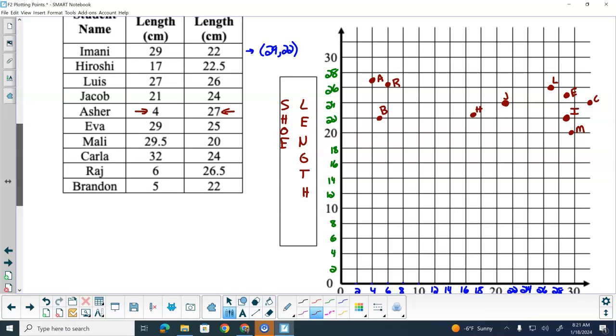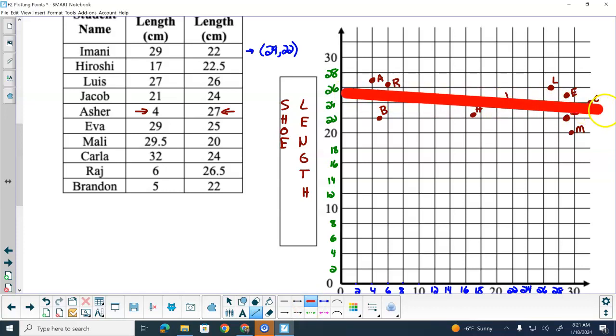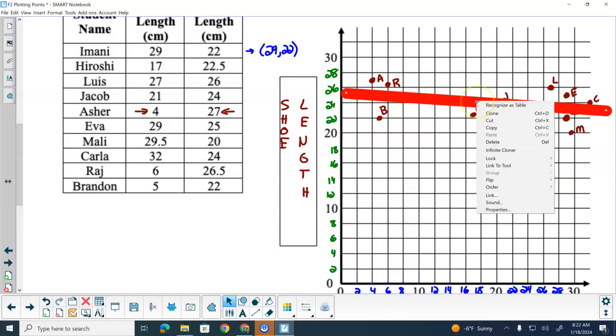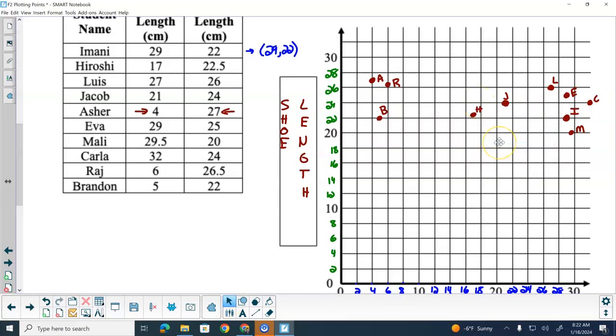You could say that there is kind of a relationship that goes through here. They're kind of grouped right around that line. But you could also say that they're kind of all over the board.